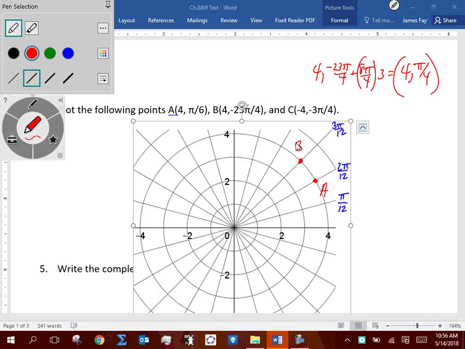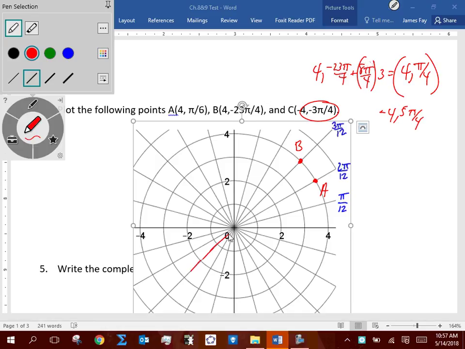That's point B. And then C is (negative 4, negative 3π/4). Again, however you want to do that. If you want to turn that into a positive angle, add 8π/4 to it, so it becomes (negative 4, 5π/4). And then go out to the 5π/4 angle, which is going to be this one here.